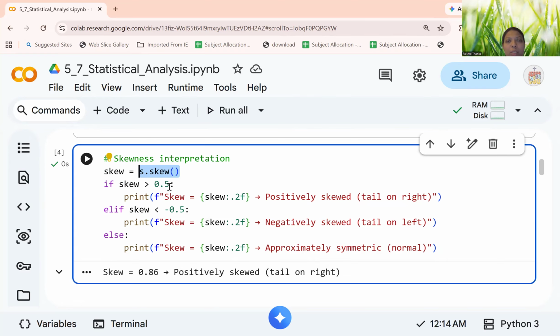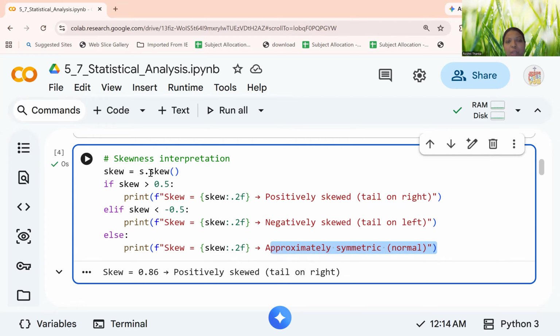If the skew value is greater than 0.5, it is positively skewed, which means there is a tail on the right side, and most of the values are accumulated on the left side. If the skew value is less than minus 0.5, it is negatively skewed, which means the tail is on the left side, and most of the values are on the right side. Whichever side the tail comes, we say skewed that side. If it is neither, then it is normally distributed.